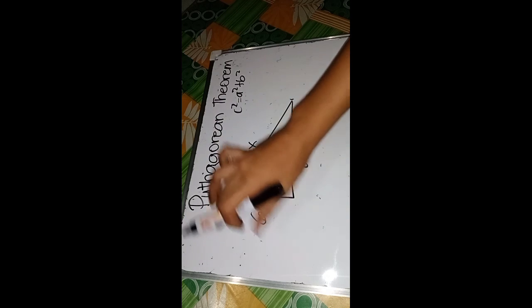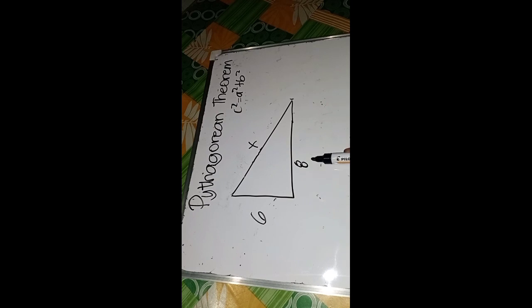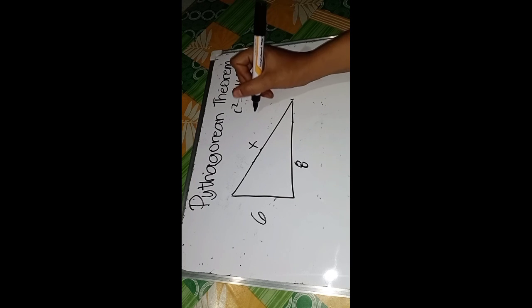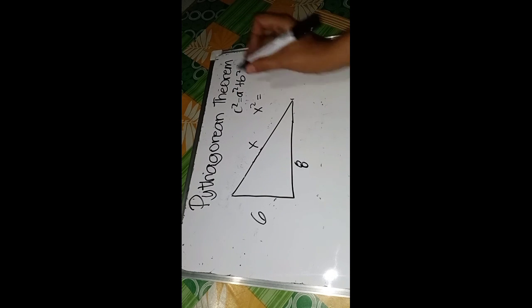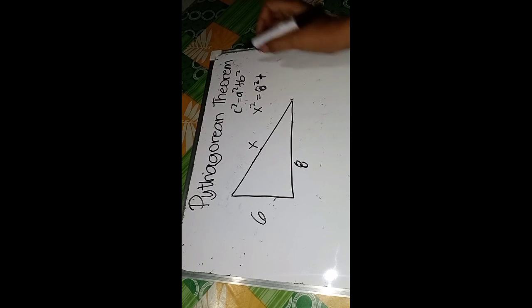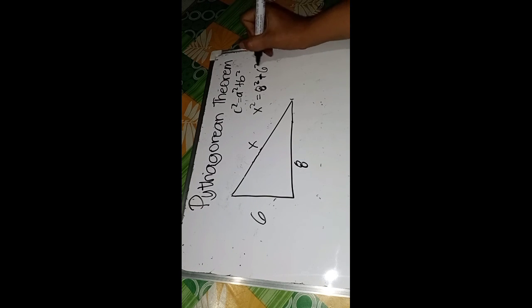So this is an example of the Pythagorean theorem. Our base is 8. Our height or altitude is 6. Our hypotenuse is unknown. So we're going to use this formula. Our c squared, that is the hypotenuse, x squared, equals a squared, that is our base, 8 squared, plus our altitude, 6 squared.